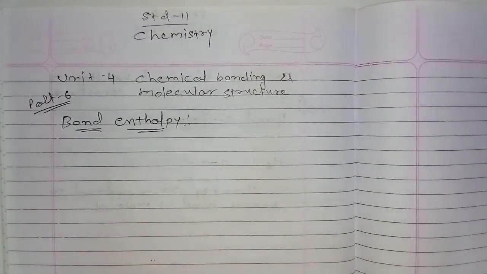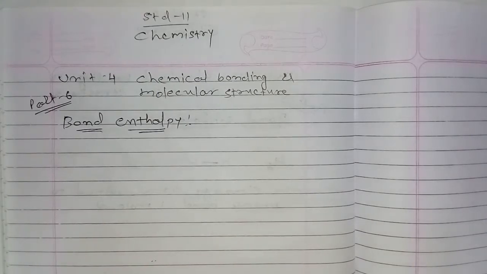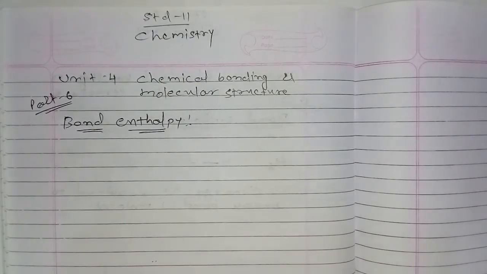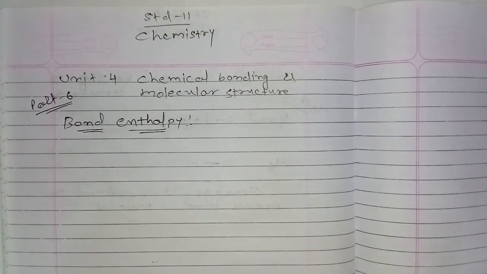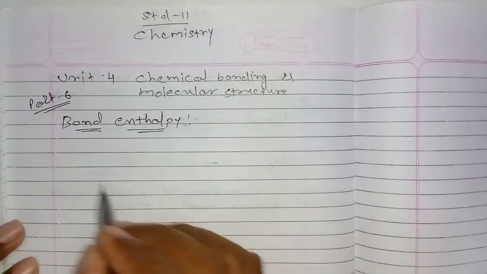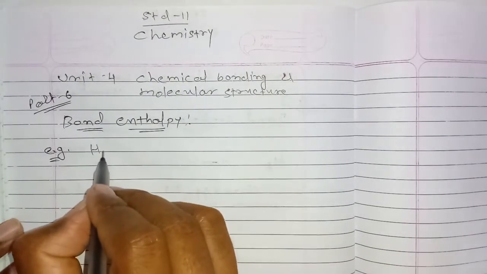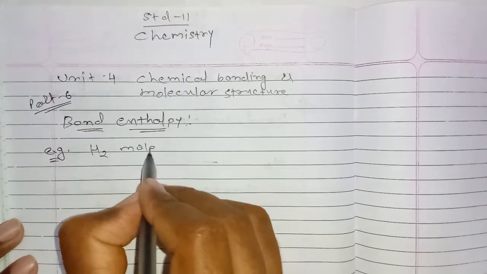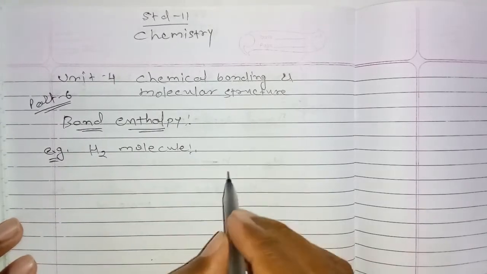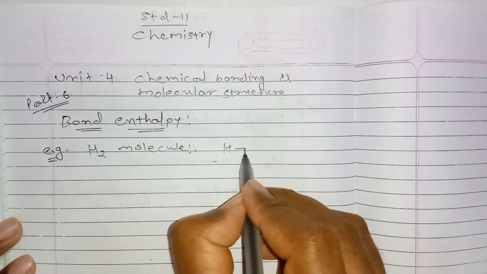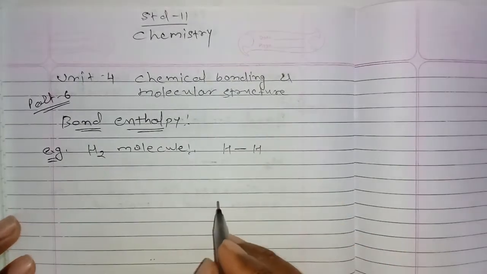The amount of energy required to break 1 mole of bonds between two atoms in a gaseous state is called bond enthalpy. For example, in a hydrogen molecule there is a single bond between two hydrogen atoms.